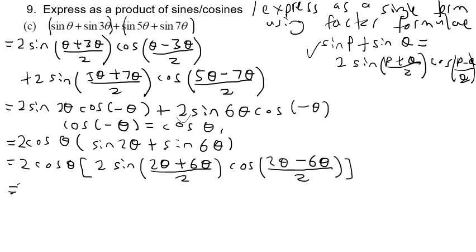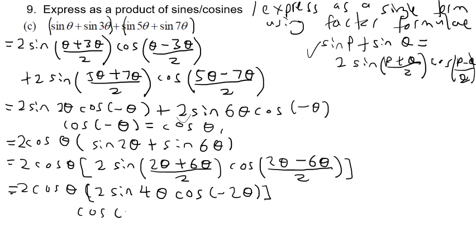So we got 2 cos theta, so bracket here, 2 sine, so 2 plus 6 is 8, so 8 over 2 is 4 theta, and then cos 2 minus 6 is negative 4, so negative 4 over 2 is negative 2, so here we got negative 2 theta. And also again remember cos negative 2 theta is also equivalent to cos positive 2 theta.